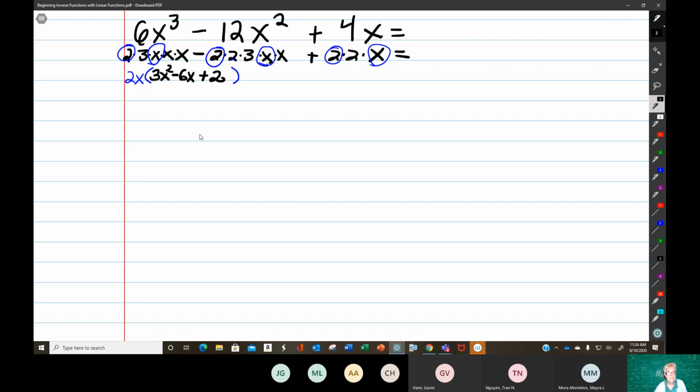And there you have it. Notice there that this won't break down any further using the methods we've talked about so far.